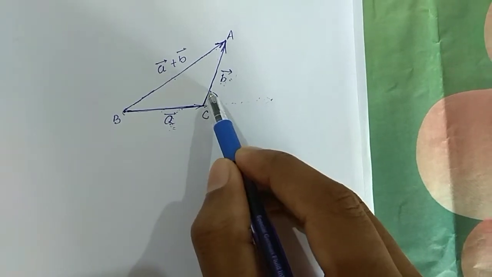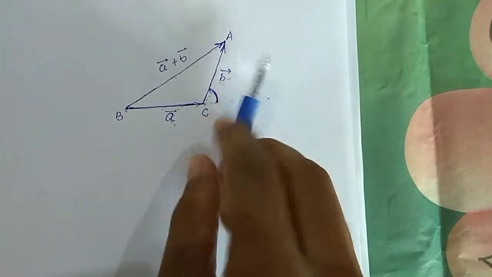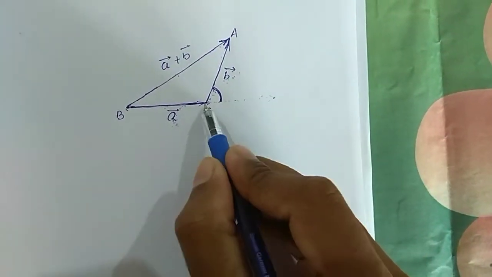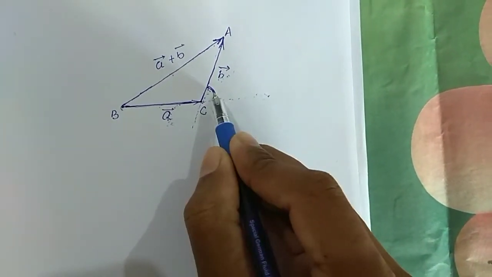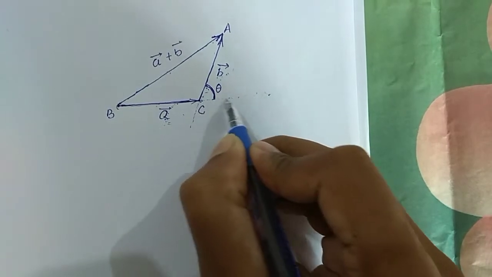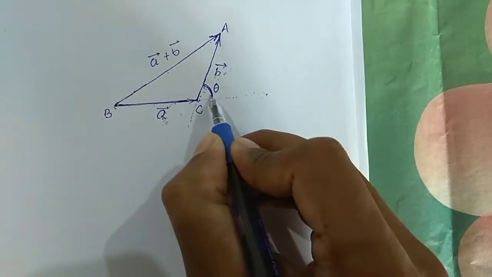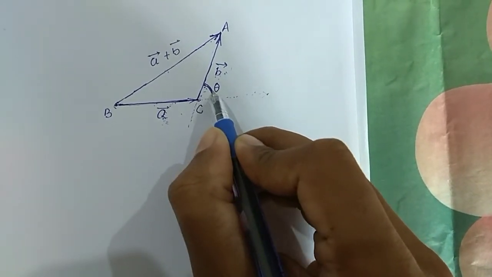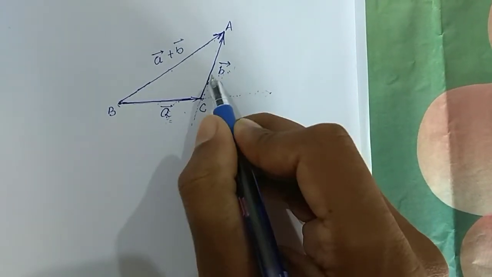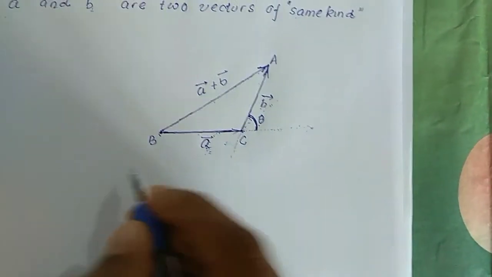Or, if you shift B along this, then it converges at a point. You know that this angle and this angle are the same. If this angle is theta, then A and B diverging from here and converging at this point give the same angle. So theta is the angle between the vectors.